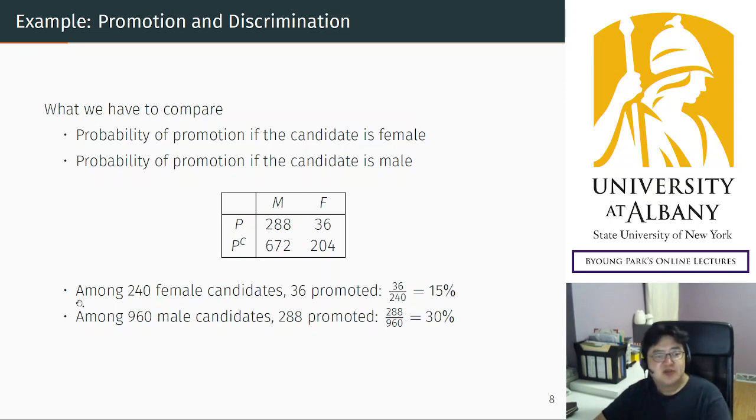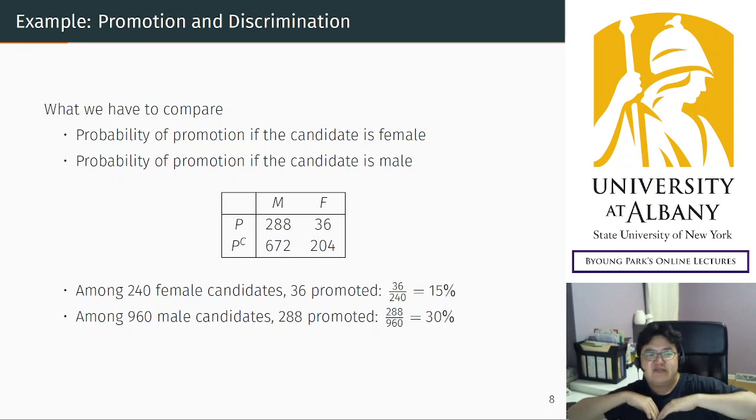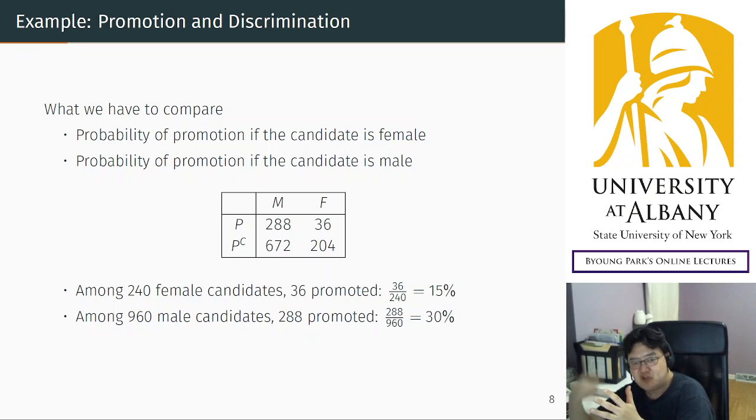It's like this. Imagine, in my mind, the data: there are 1200 candidates. First, you divide them into male and female. And then among 240 females, you randomly choose and count how many are promoted.